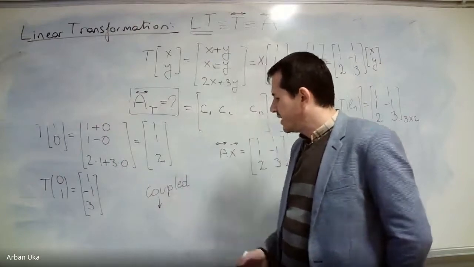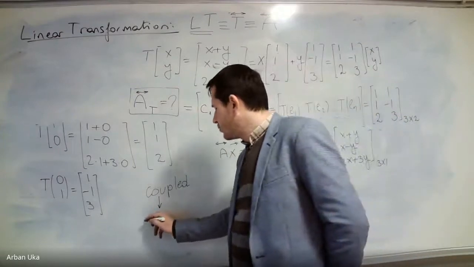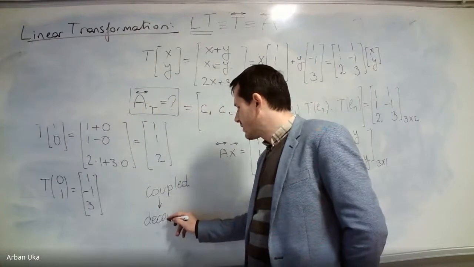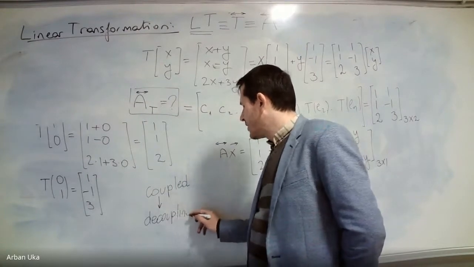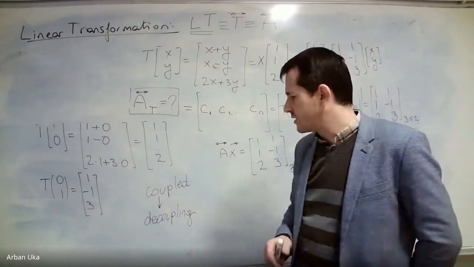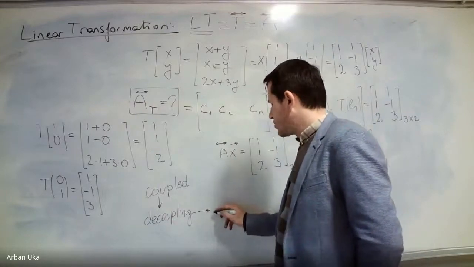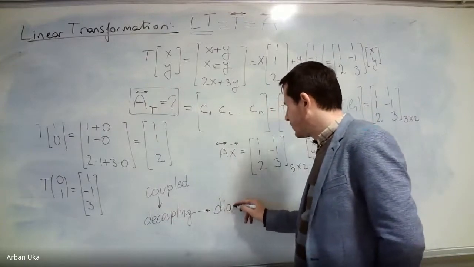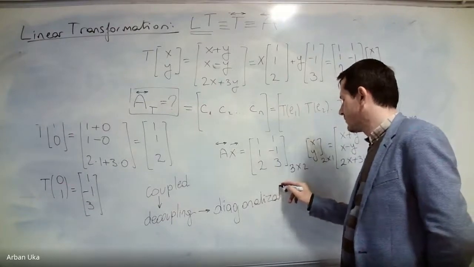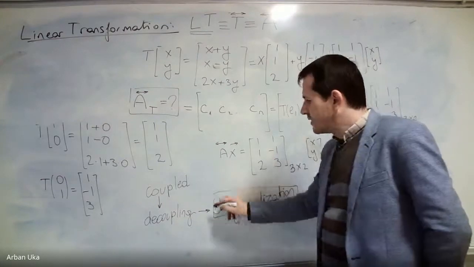You'll see the coupling there, but you're also going to learn in linear algebra that it is very essential to do decoupling, because if you have several variables that are intermixed or coupled together, it is much easier to decouple them, which is done by diagonalization. Okay?